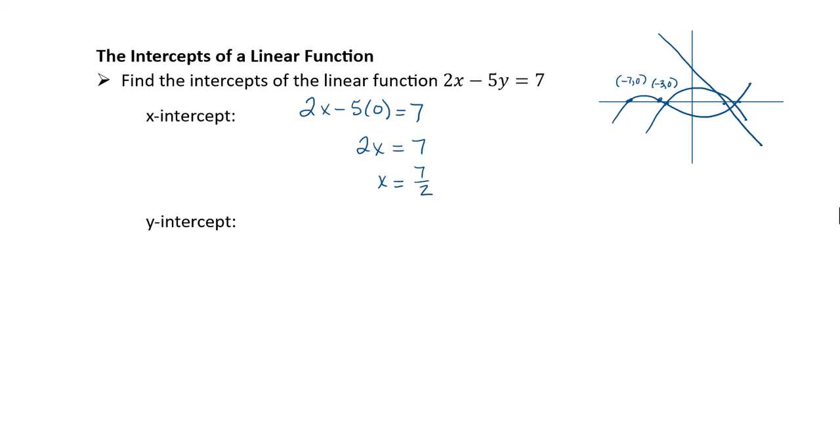We still want to make sure that we put this as a coordinate. The coordinate is (7/2, 0). And it's important that we write it like the coordinate that it is. It reinforces the fact that we made y 0 in order to get the x of 7/2.